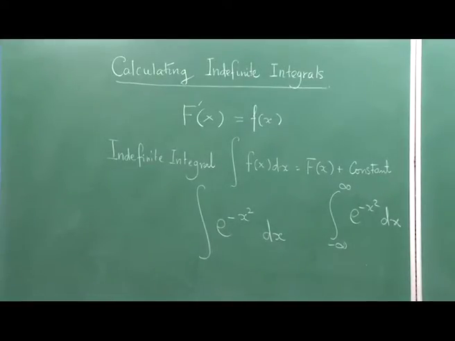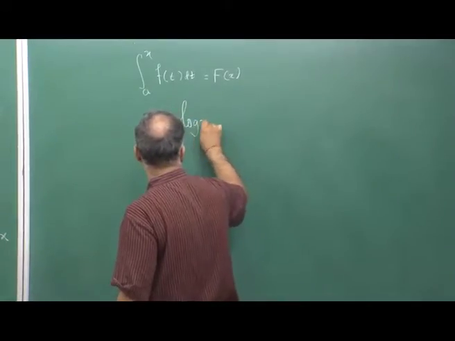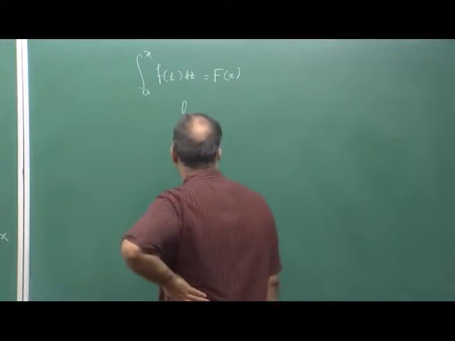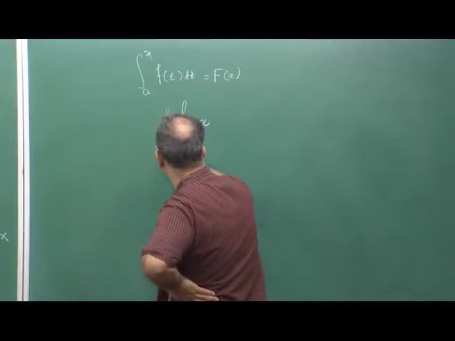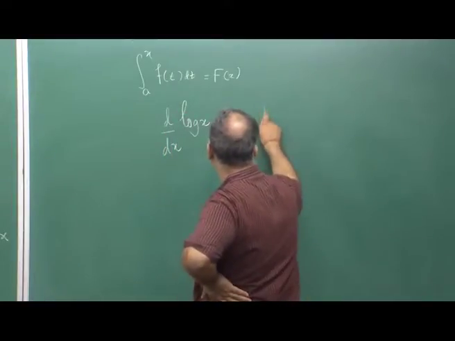So, let us start with very simple things, for example, log x. If you differentiate log of x, so you take d/dx of log x, what do you get? You get 1 by x.